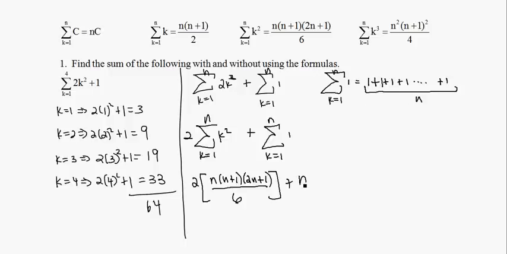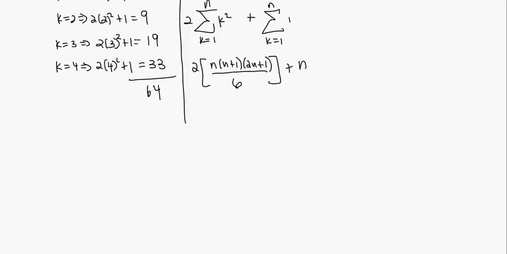So this is n. Let me just scroll down here and give myself a little bit more room. So I'm going to cancel these 2 with the 6 and that gives me a 3, and I'm going to multiply these 2 right here. So I get n. This is 2n squared. This is 2n plus 1n is 3n plus 1, all over 3.